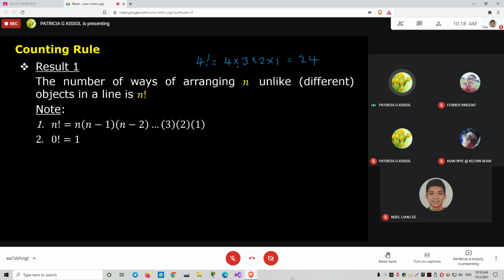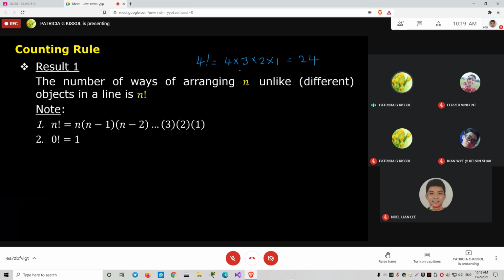If you have your scientific calculator in front of you, press the number 4 first, and then press shift and the factorial symbol, and you'll see 4 with the factorial. Then when you press equal, you should get 24.